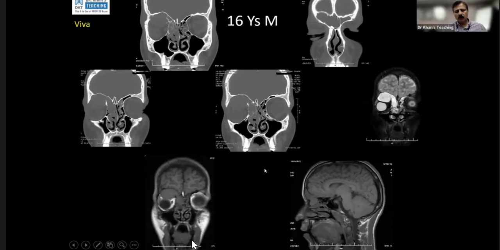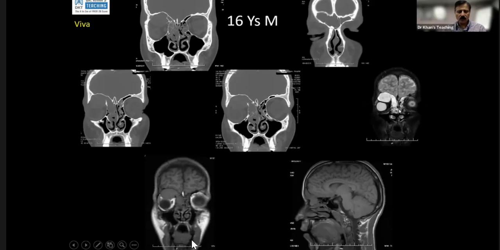Yeah. So if you see here, this is a mucocele. In mucocele, what happens is that this is a chronic condition. It might take years to develop. Basically, one of the ostia of the sinus will be obliterated, and there are secretions which accumulate over a span of time.